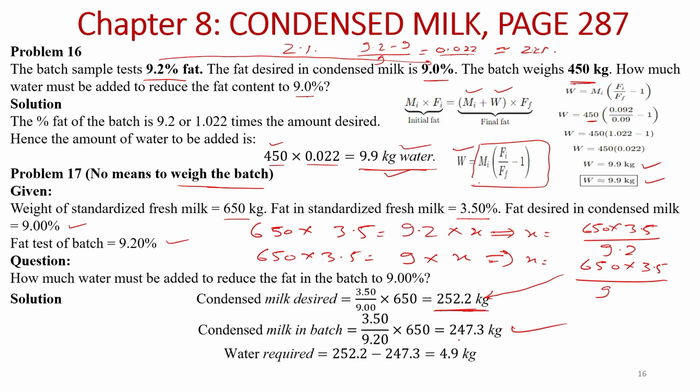The difference means the water required is 252.2 minus 247.3, which is 4.9 kg.